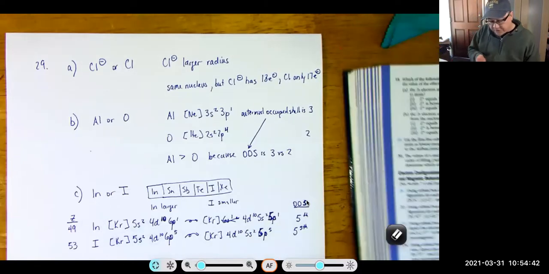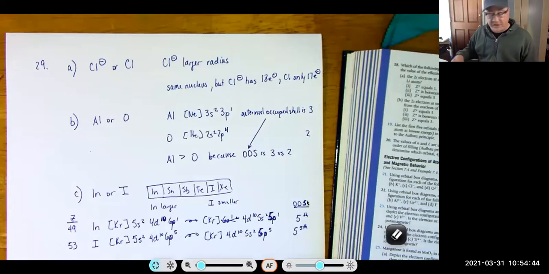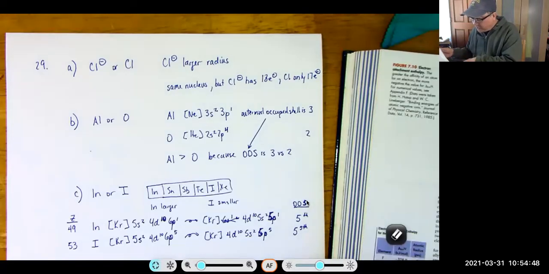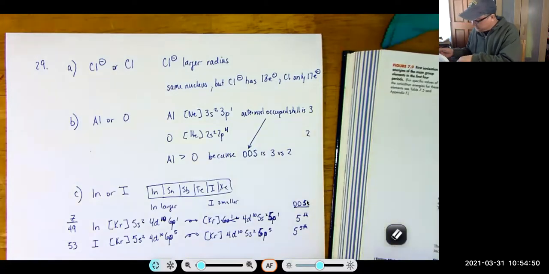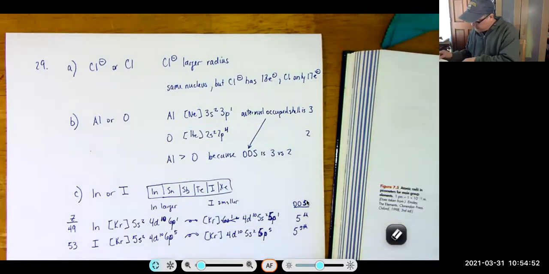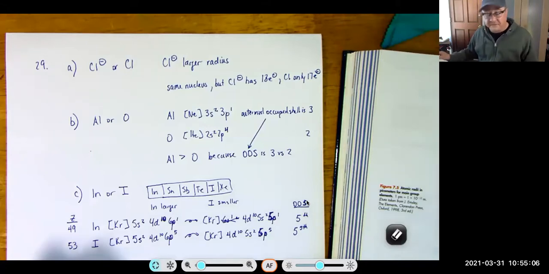Our book does not show indium, I believe, so I don't think we can check this, but it might be worth looking to see if it's in there. Nope, it does show it, and indium is 163 and iodine is 133. Okay. So indeed, iodine is smaller.